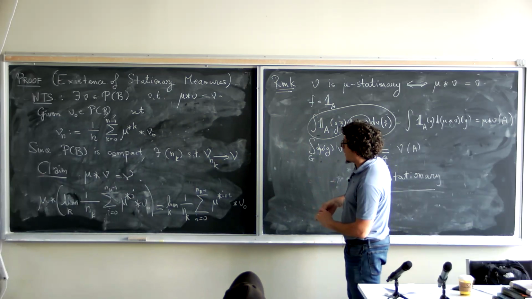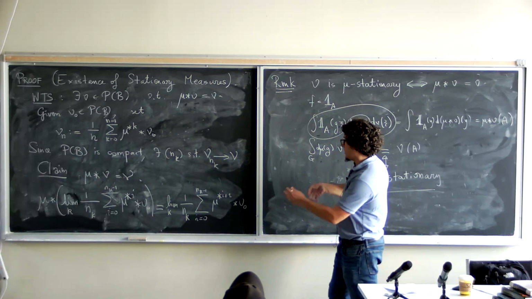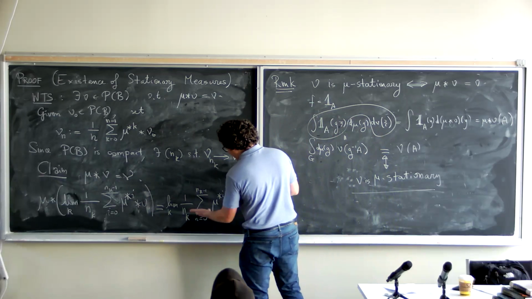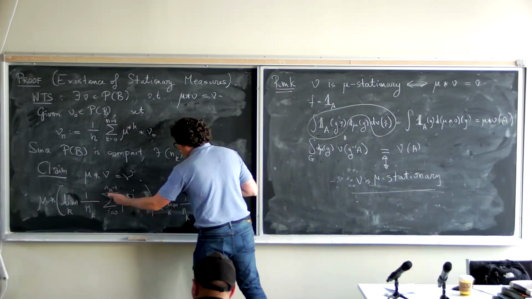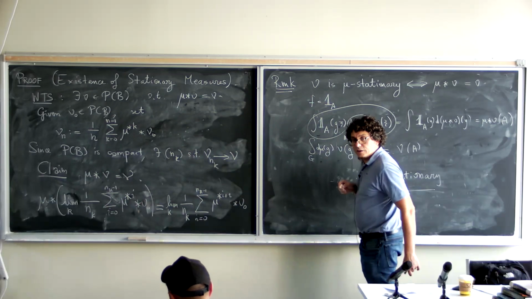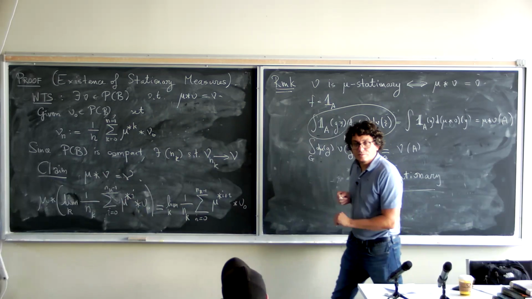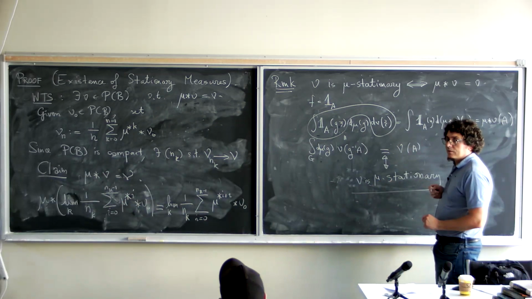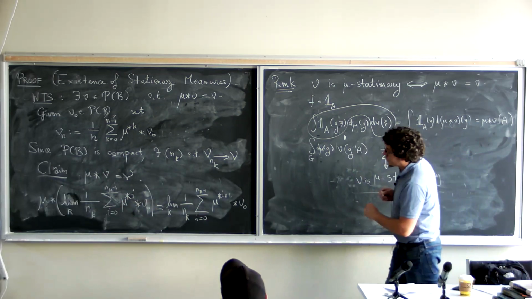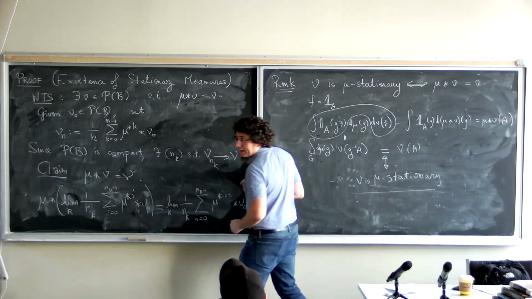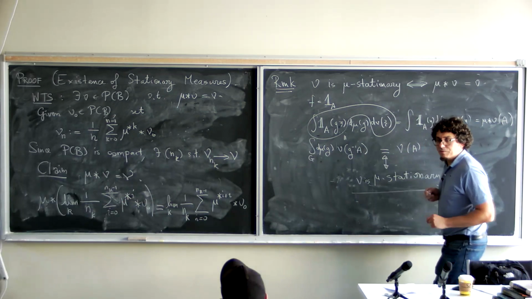The idea is that since this is a limit, if you compare this with the original one, you get almost the same sum. So we're just off by 2 terms, and then when you divide by n k, it goes to 0.